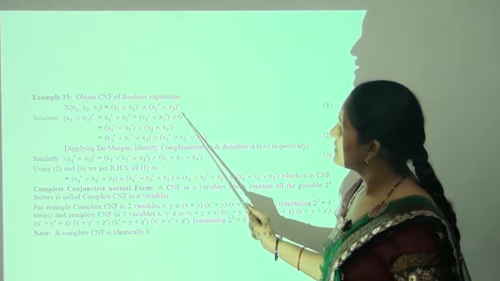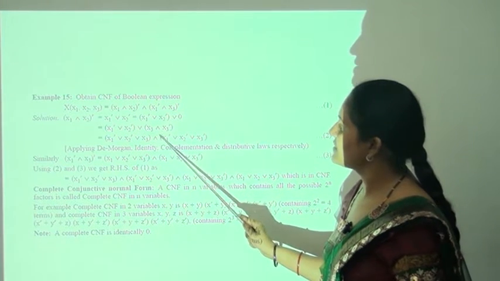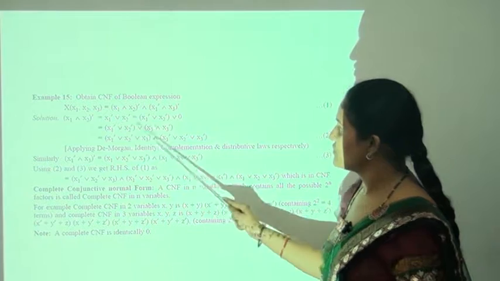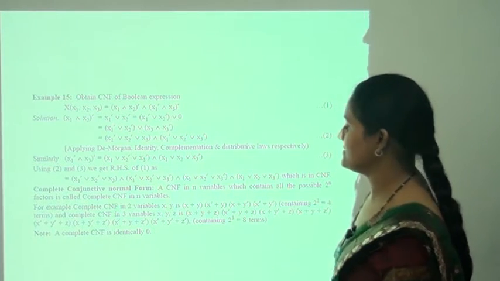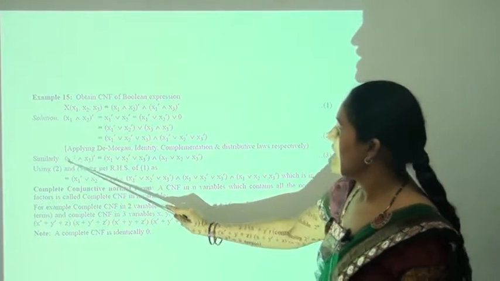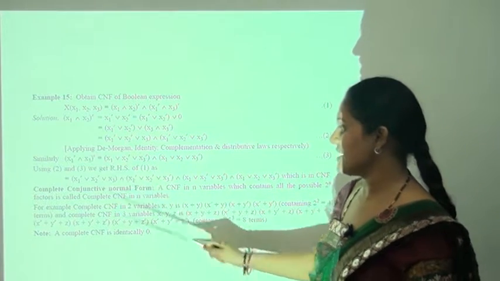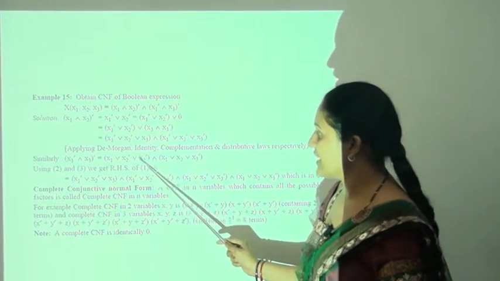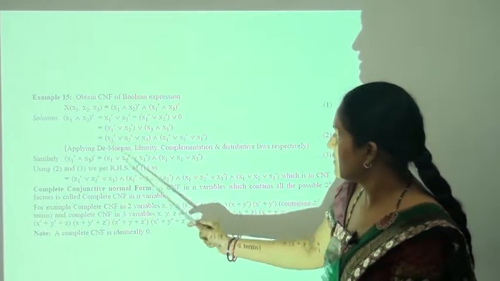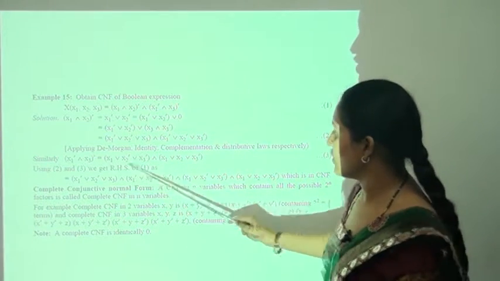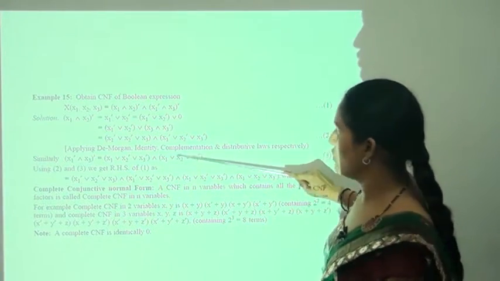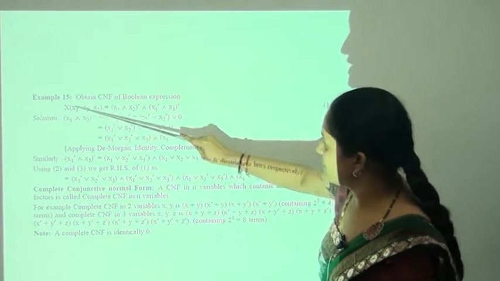So this 0 equals x3 meet x3 dash. So using the distributive law, we can write like this. Similarly for this part, x1 dash join x3 dash, we can also write it using the same calculation, and using these two we get the value equal to this one.